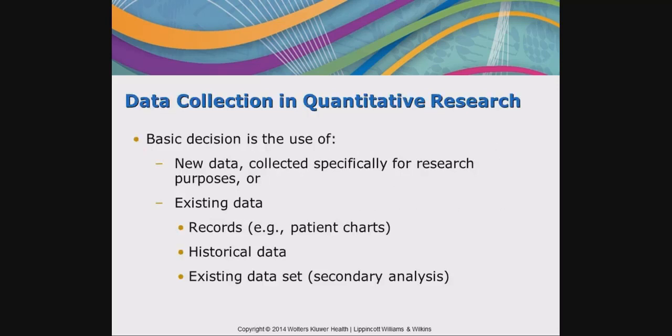Data collection in quantitative research is really in two domains, new data and existing data. But here's what I want you to hang on to about data collection: it is the measurement of data. It is the process of assigning numbers to variables. Let me say that again. The measurement of data is the process of assigning numbers to variables.